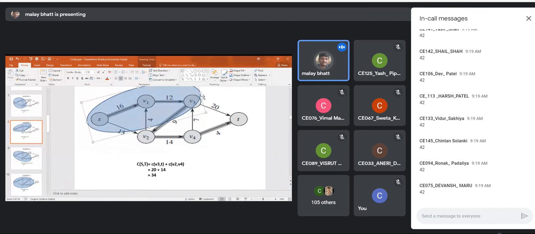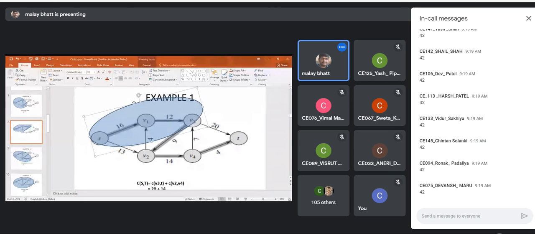So how many outgoing arrows are there? S to V2, because S, V1, V3 is only one group. Yes, V3 has two arrows. One is V3 to V2, so V2 is the outgoing node. So 13 plus 9 plus 20. That is what we'll get.